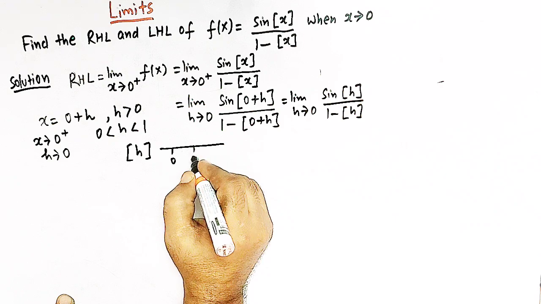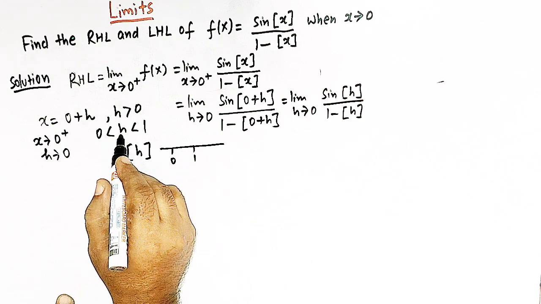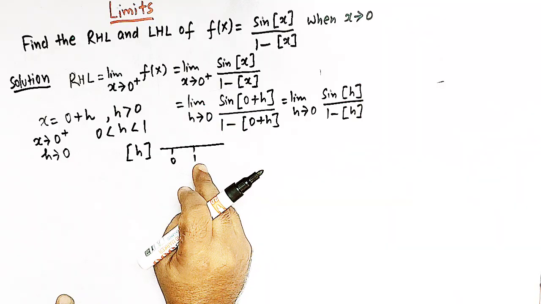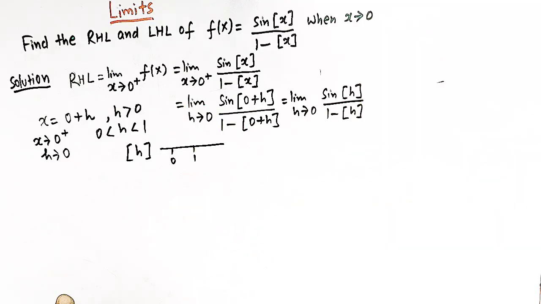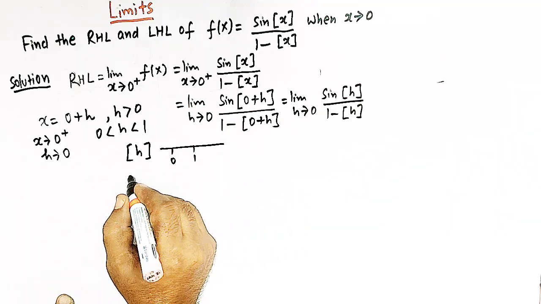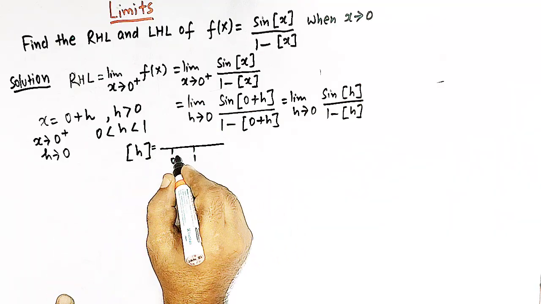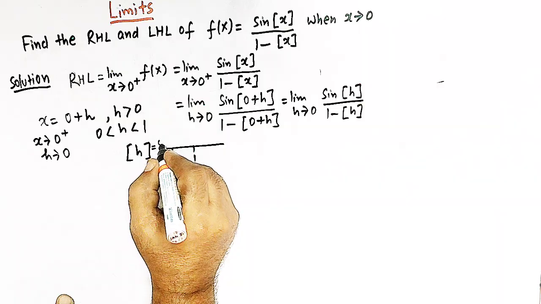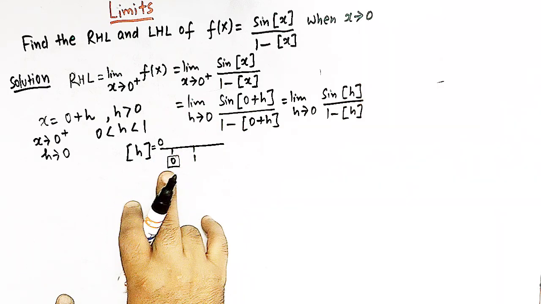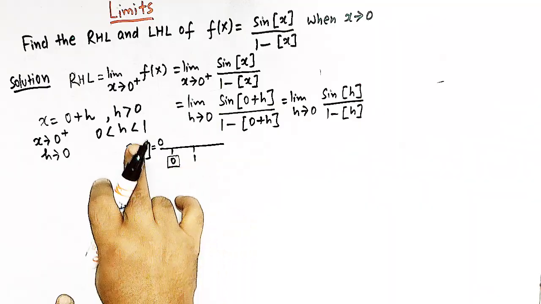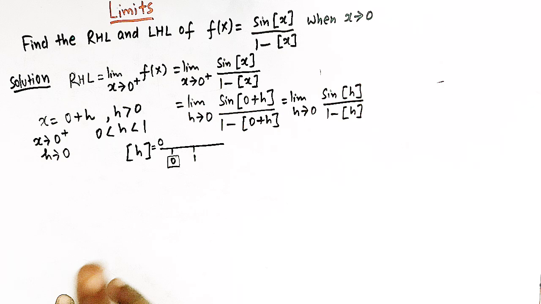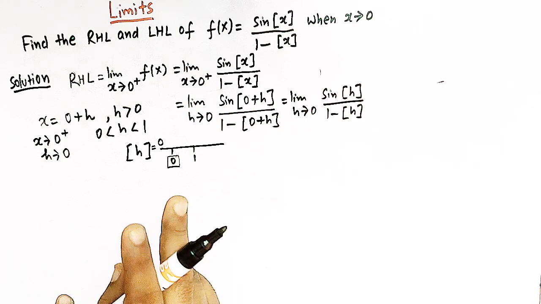So by the definition of the greatest integer function, the greatest integer of h must be equal to 0.